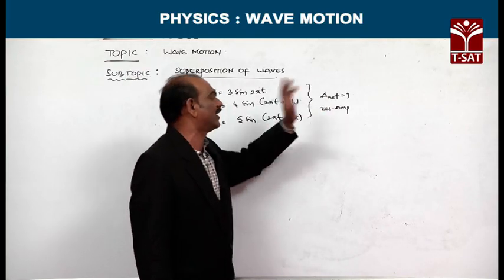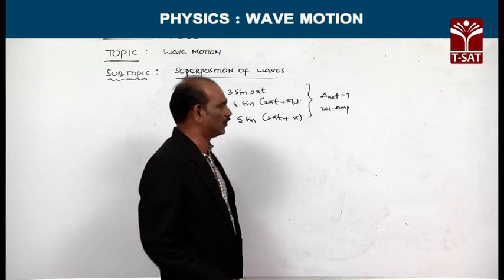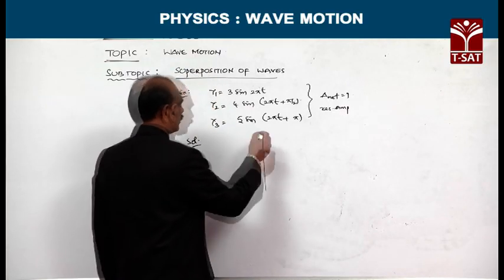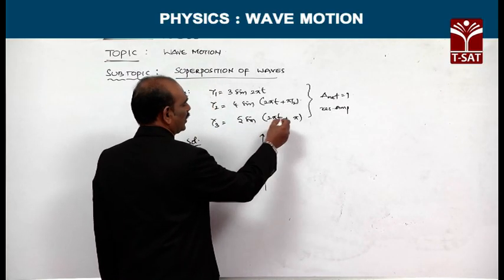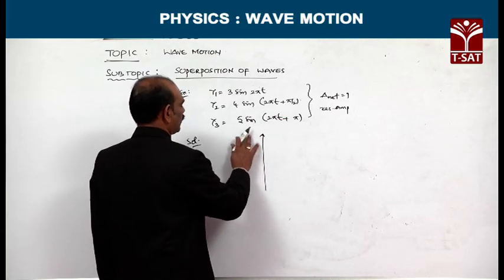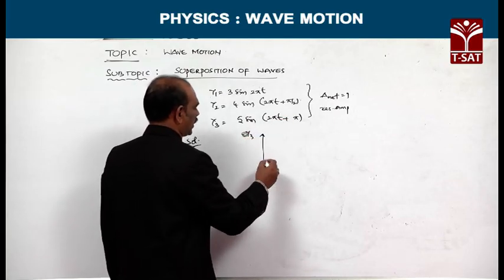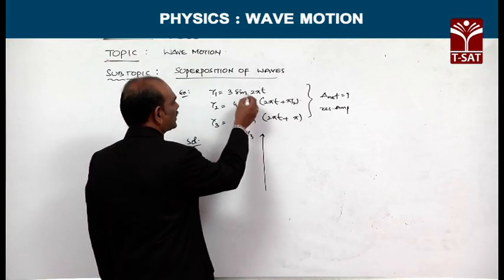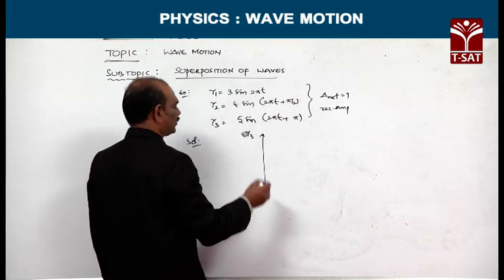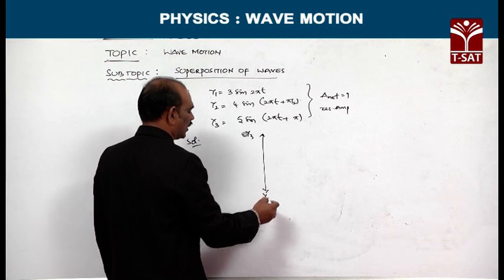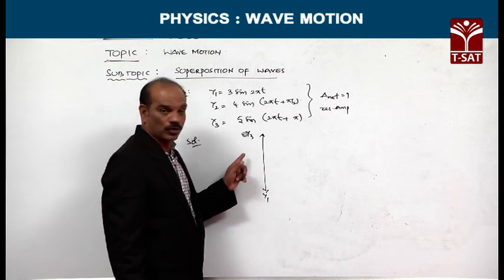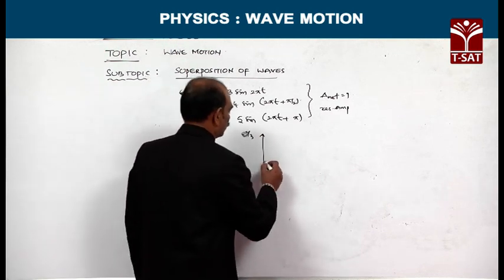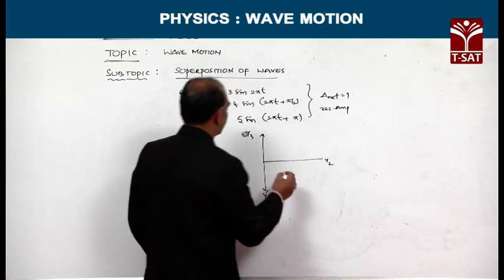We need to find the net amplitude or resultant amplitude. Suppose this is 5 sin 2 pi t plus pi, which is the y3 representation, and here 3 sin 2 pi t. Between y1, y3 the phase difference is equivalent to pi. If you take y1 downwards, y3 would be up. Now y2 is in between.